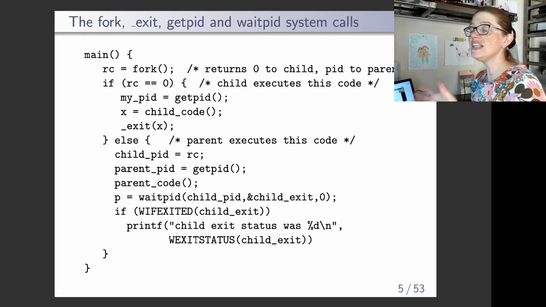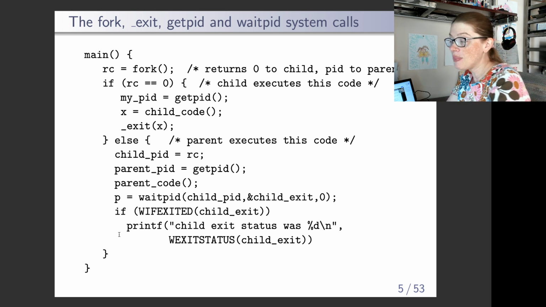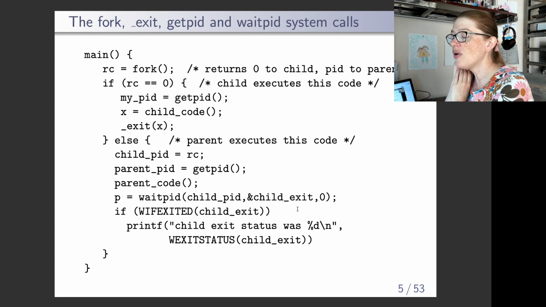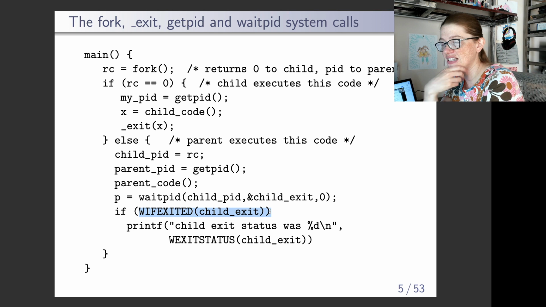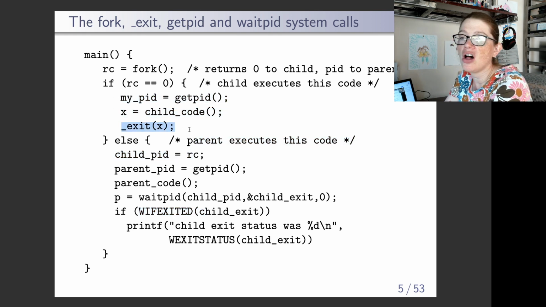Regardless of whether we have waited for our child to terminate or our child was already terminated, at this point here, we know that child exit contains both our exit code and our exit status code. And OS 161 has several built-in macros that you can use to extract how it exited and what the exit status was. So WIFEXITED is going to return true if the child process terminated because it called exit. And we know it did because that's what we were doing in the child process.